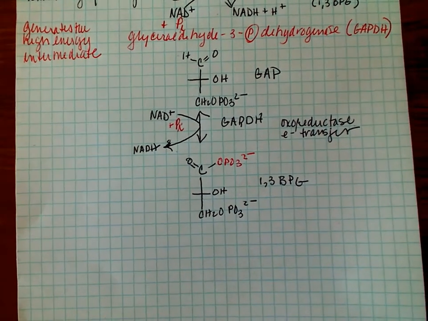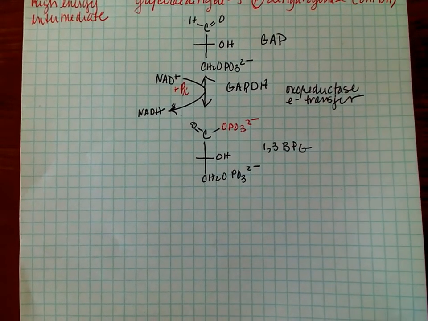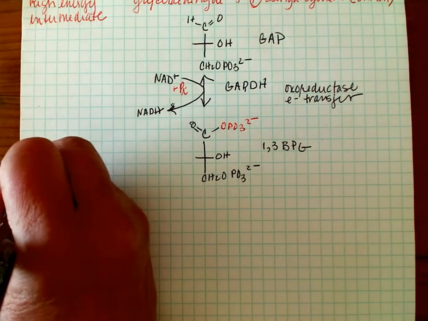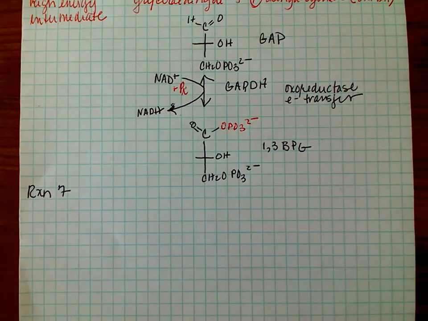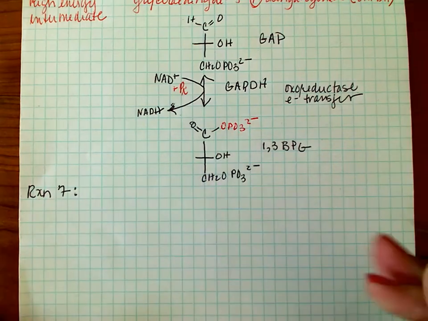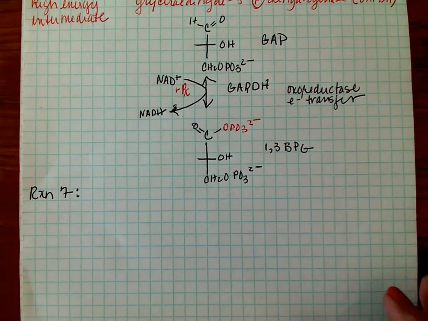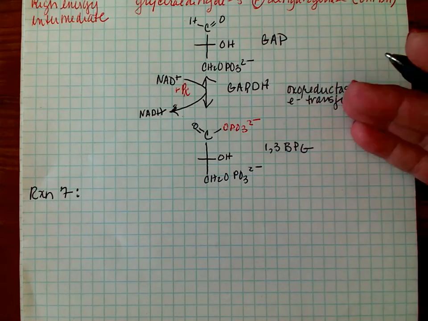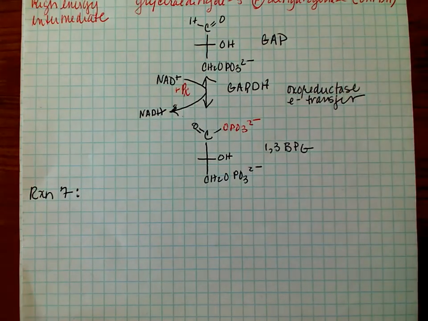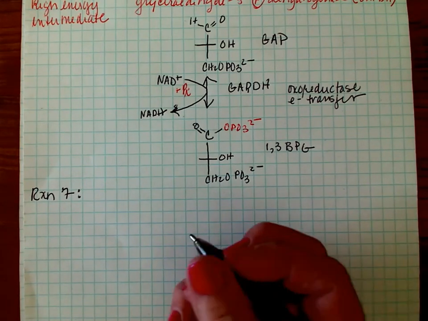So in reaction 7, we're going to generate our first 2 molecules of ATP. Keeping in mind, even though we're only showing one of these intermediates, there are 2 1,3-bisphosphoglycerates resulting from the 2 glyceraldehyde 3-phosphates.